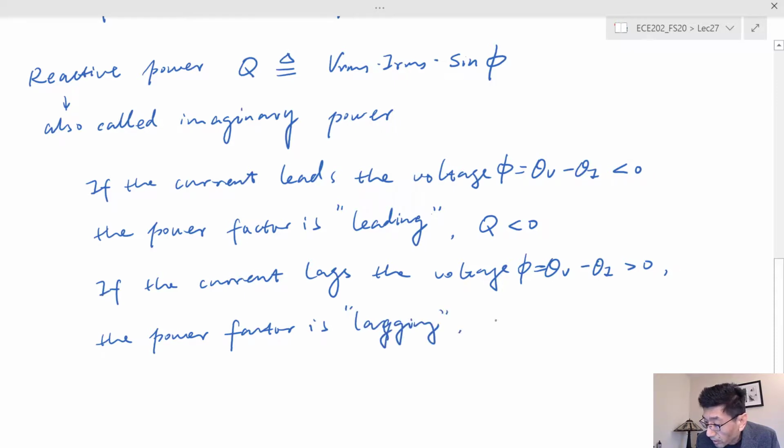So in that case, if lagging, Q is positive, right? For a lagging power factor, we need to deliver positive reactive power to the load, to the circuit, right?